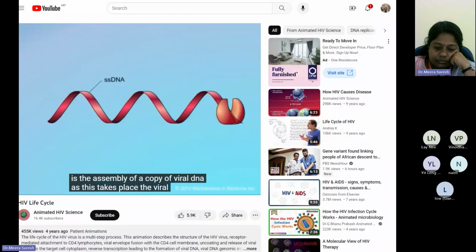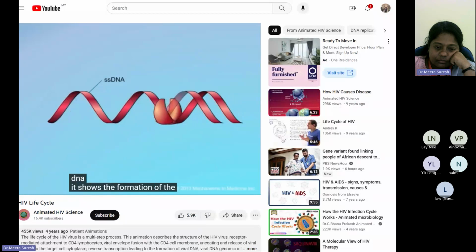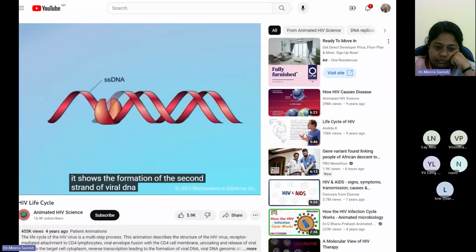As this takes place, the viral RNA actually becomes disintegrated by a different portion of the reverse transcriptase molecule than that which is involved in the copying of the genetic information for viral RNA into DNA. It shows the formation of the second strand of viral DNA.